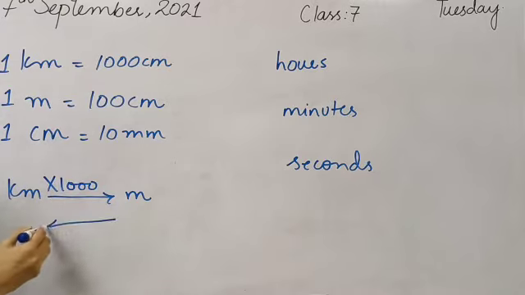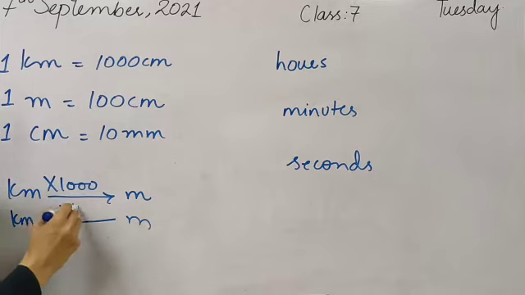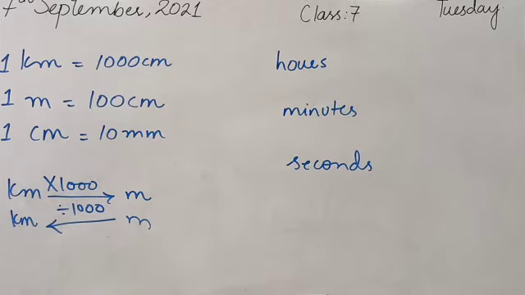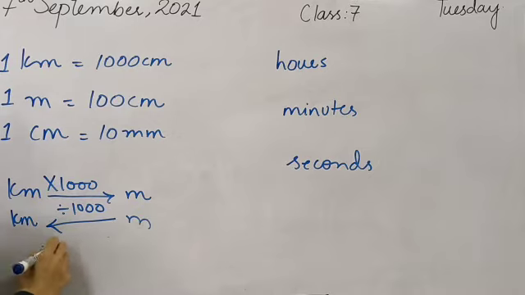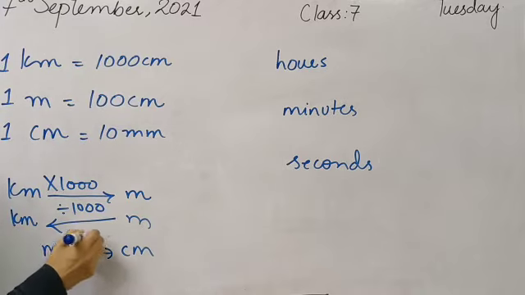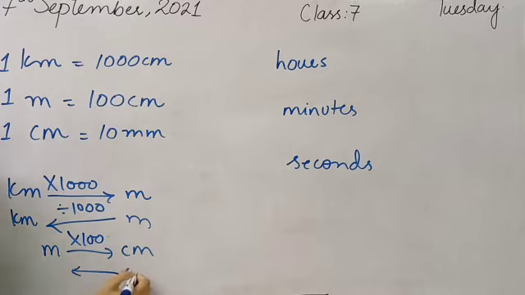And to go back from meter to kilometer, what will you do? You will divide by 1000. Okay? Similarly, to go from meter to centimeter, you will multiply by 100, and to go back from centimeter to meter, you will divide by 100.